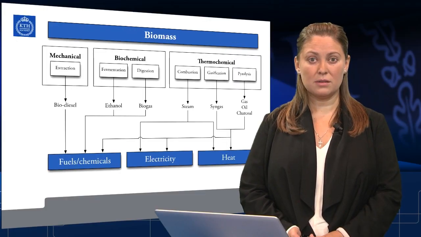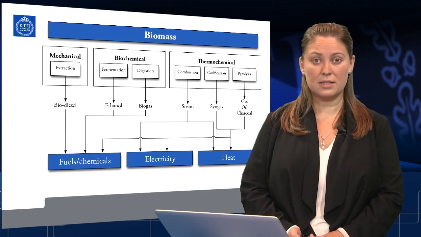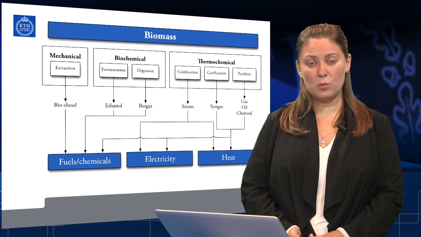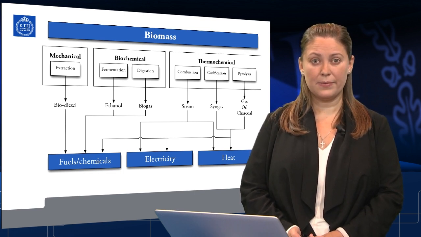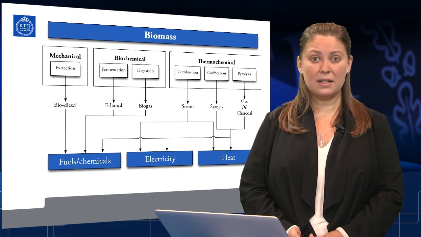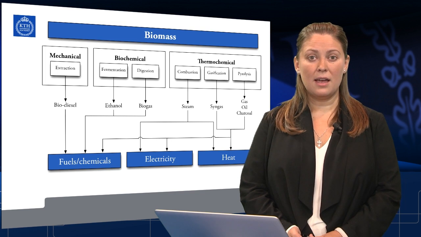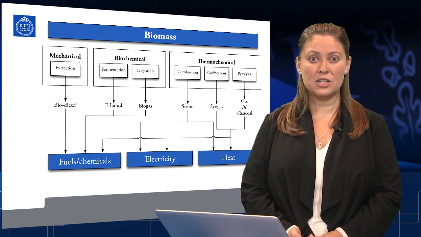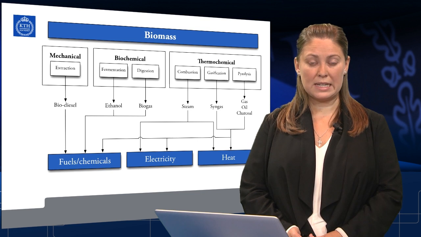High moisture content biomass is better suited for biological conversion processes, while low moisture content biomass is better for thermochemical processes. Biomass is unique compared to solar and wind energy harvesting, as the only resource that can produce chemicals and fuels in addition to electricity and heat. The gasification technique is one of the most promising technologies.